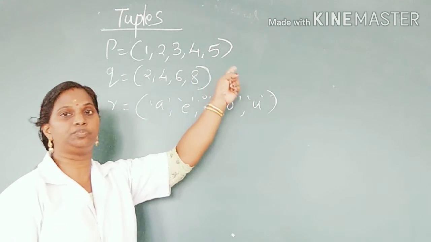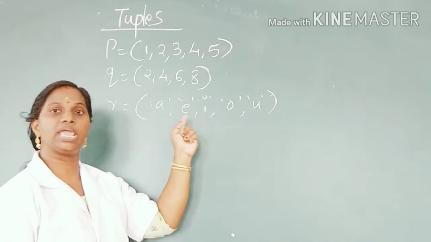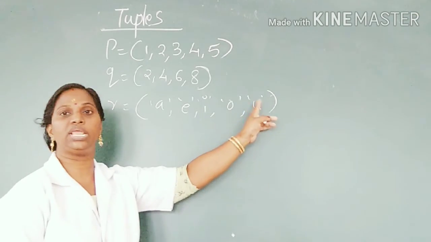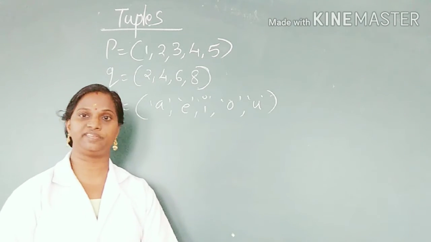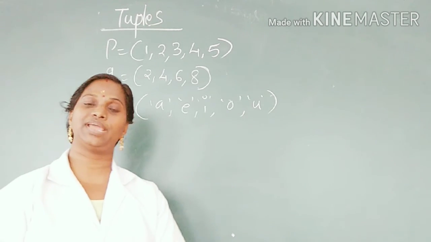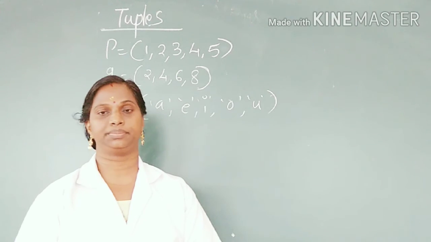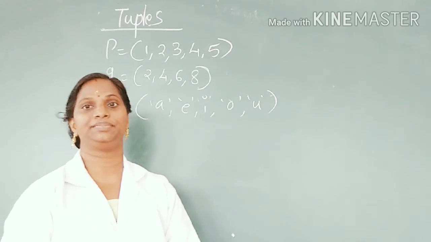This one is a tuple. Q is equal to 2, 4, 6, 8. R is equal to A, E, I, O, U. When you use characters, you have to give them in single quote or double quote. This is the representation of tuples. You can pronounce it just like couple, tuple.